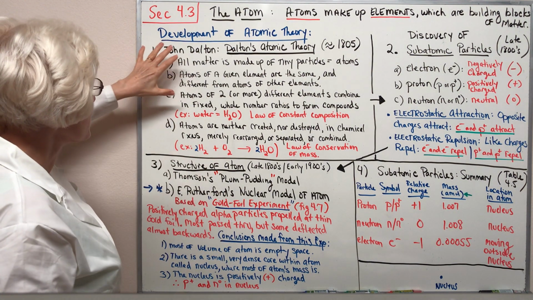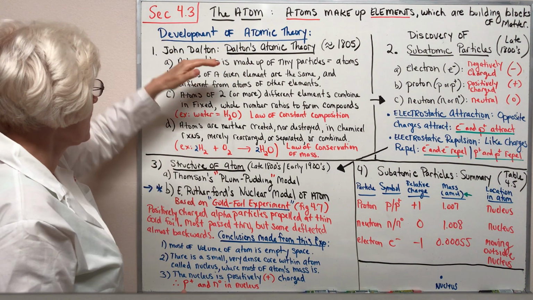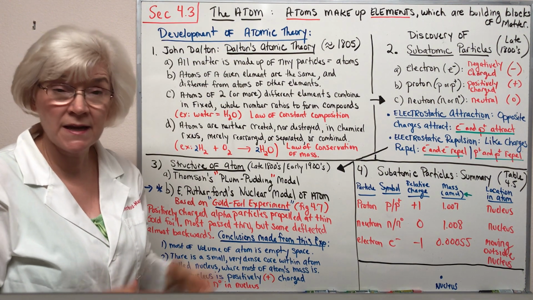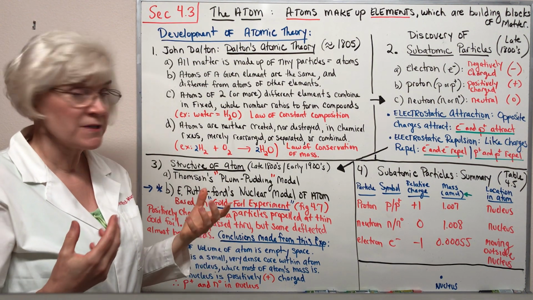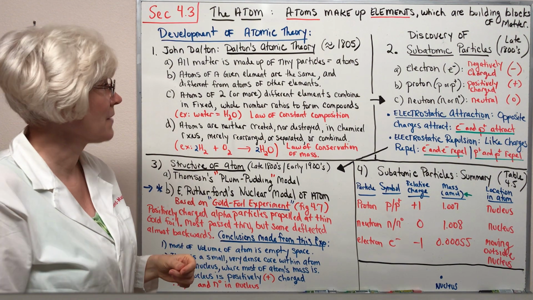So we're going to first, in our discussion of the development of the atomic theory, look at John Dalton's atomic theory. Dalton was an English school teacher who was fascinated with science as his true passion and hobby.